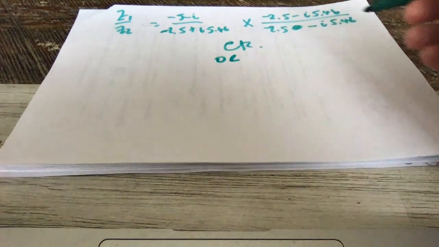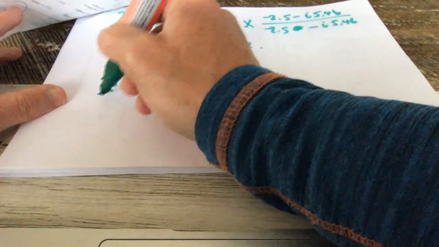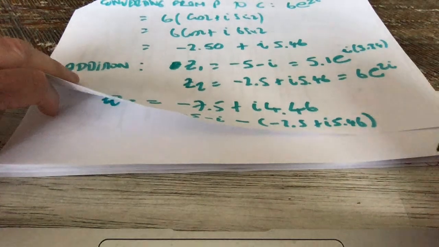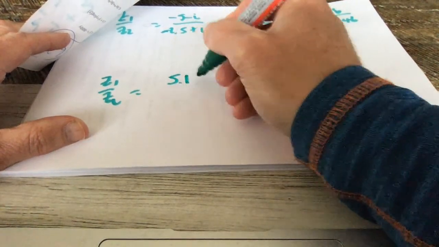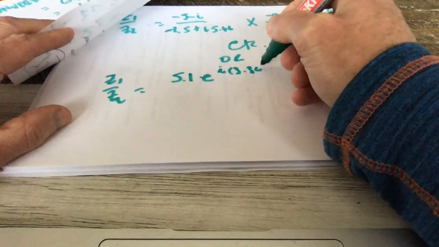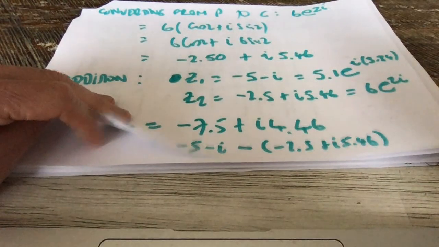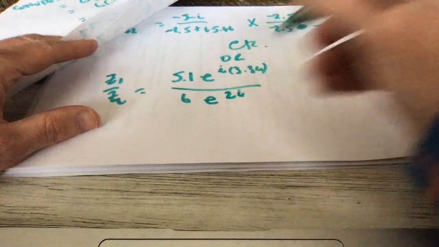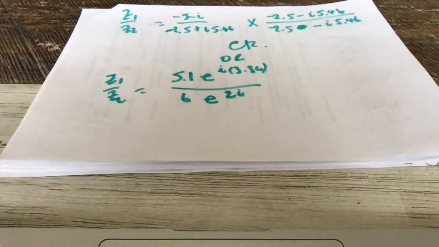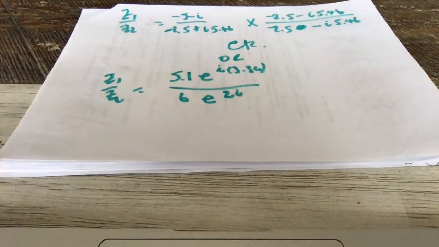Or what you could do maybe is use the polar forms of the two complex numbers. Z1 over Z2 is 5.1 exponential i 3.34 over 6 exponential 2i. Remember now, guys, these are the polar forms. They're the same complex number written in a different way.